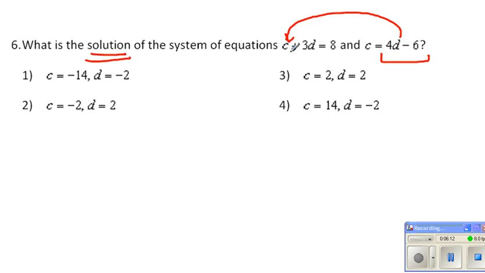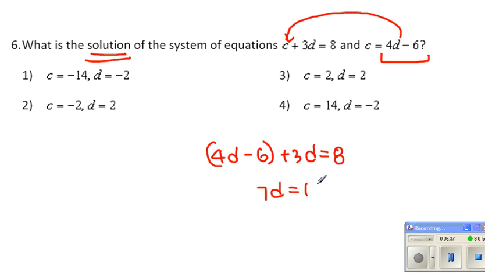So, instead of writing c plus 3d, we'll be writing down 4d minus 6 in place of c as given, and then plus 3d is equal to 8. Now, when you combine them together, we will realize that 7d must be equal to 14, and then d must be equal to 2.